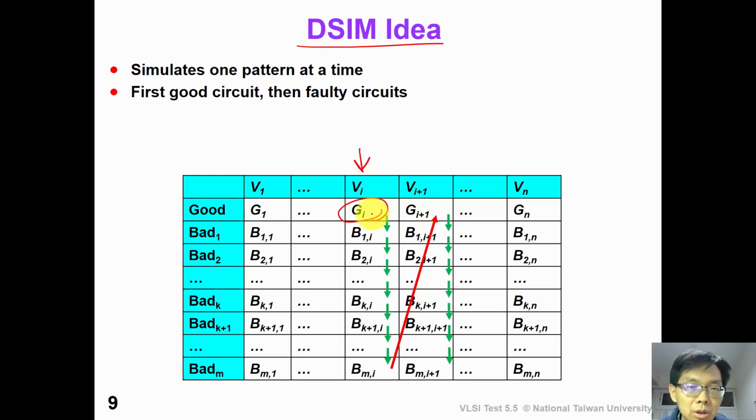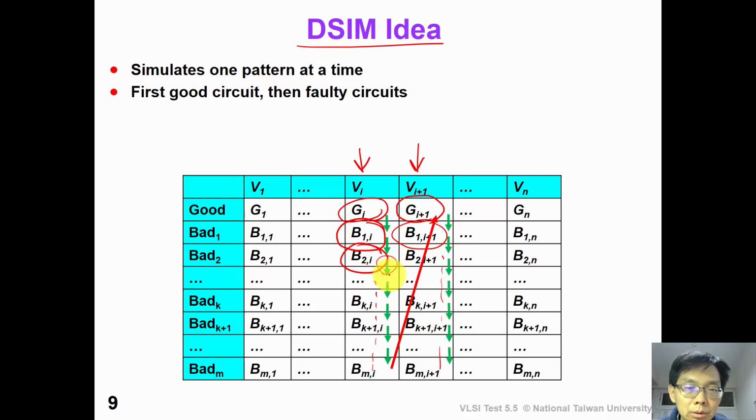We simulate Gi, followed by the first bad circuit B1i, and then B2i, and etc. After we finish all the bad circuits of pattern Vi, we then move on to the next pattern Vi plus 1. So we simulate Gi plus 1 and the B1i plus 1 and so on.